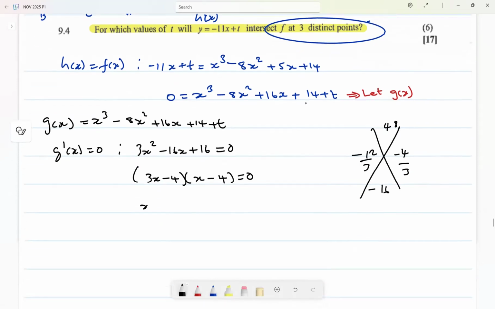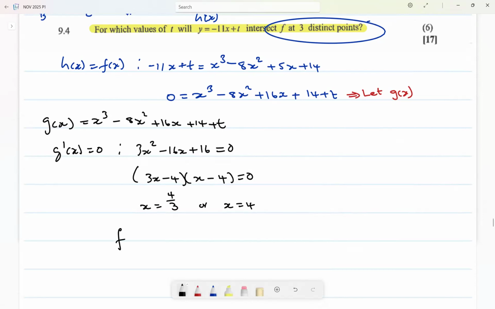Then I will have the turning points at x equal to 4 divided by 3, as well as at x equal to 4. But now remember, it needs to be between the y values. So let me find g of 4 divided by 3. It's going to be equal to how much? Let me quickly do that on my calculator. 4 divided by 3 cubed minus 8 into 4 divided by 3 squared plus 16 into 4 divided by 3.